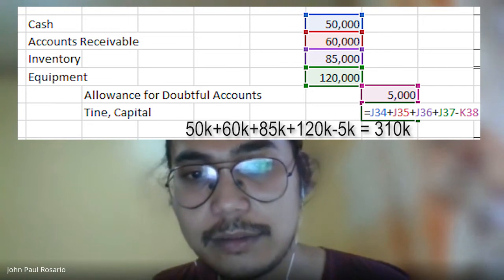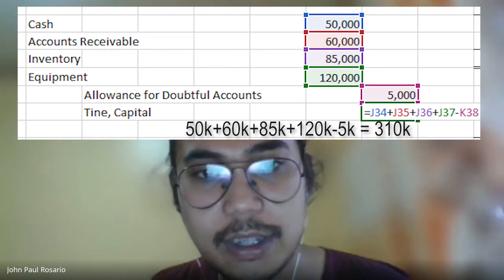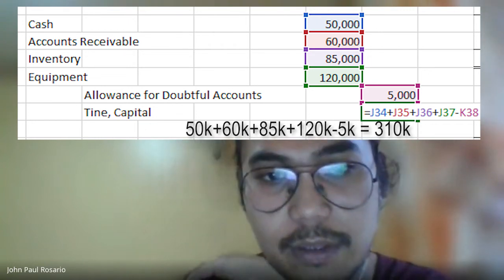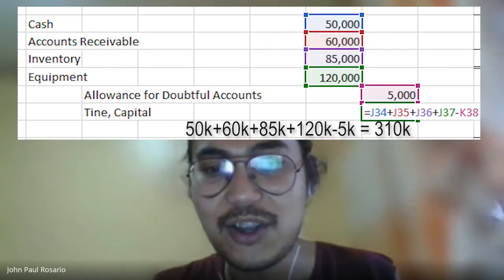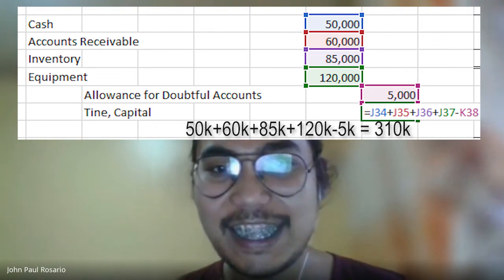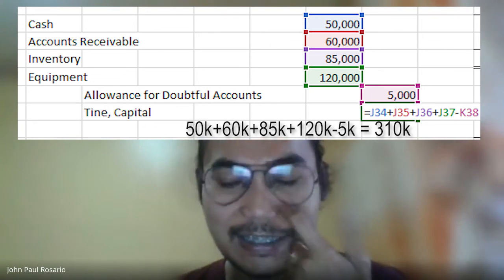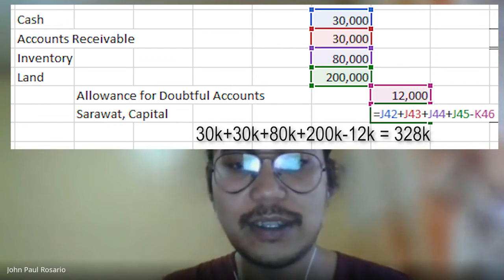Wait a minute. 50, 60, 85, 120. Why 12,000? It's only 5,000. Sorry, only 5,000 is written here. So, 5,000. And then for Sarawat, why is this equipment capital? Sorry, Sarawat capital.